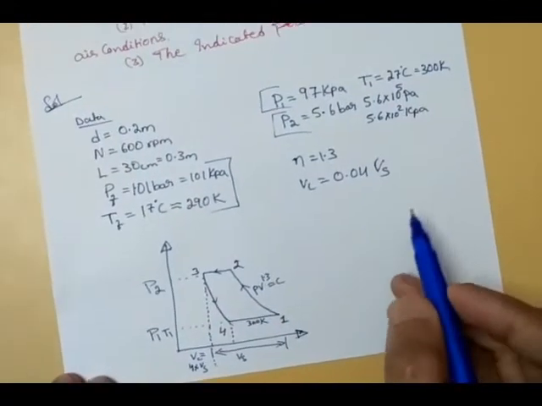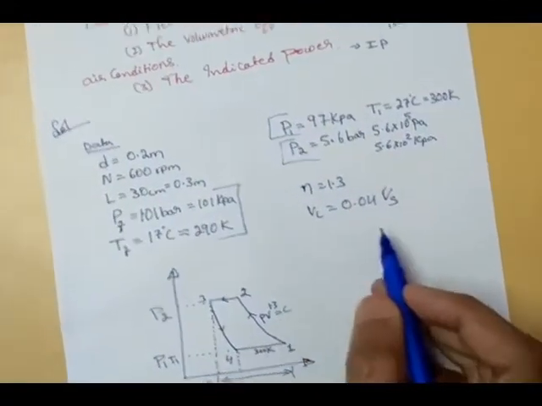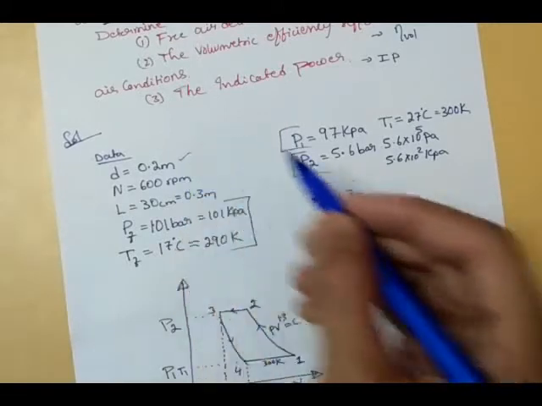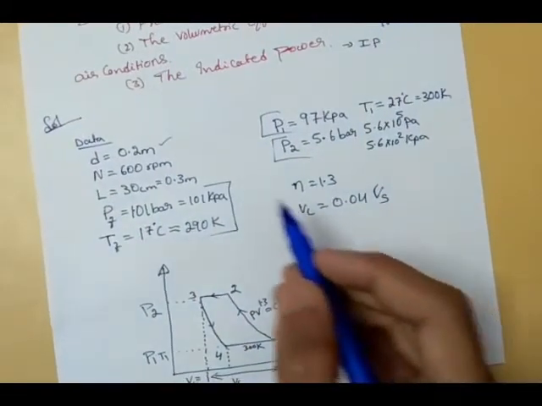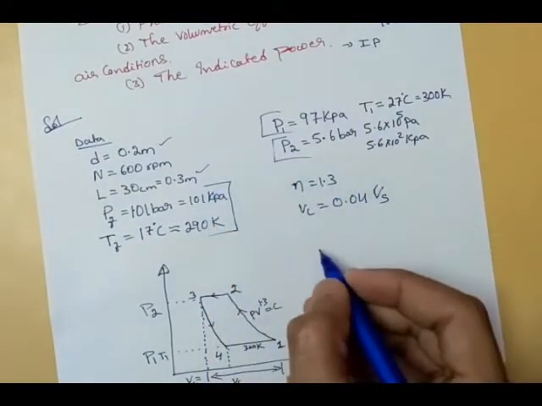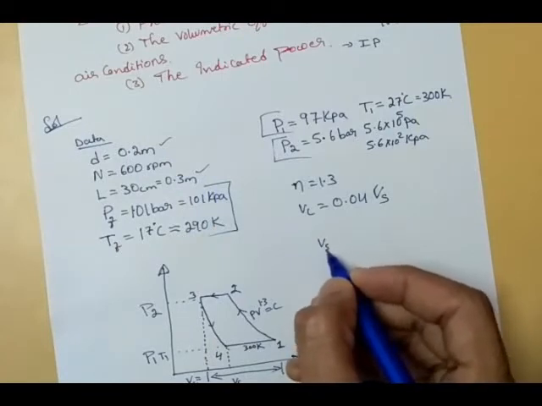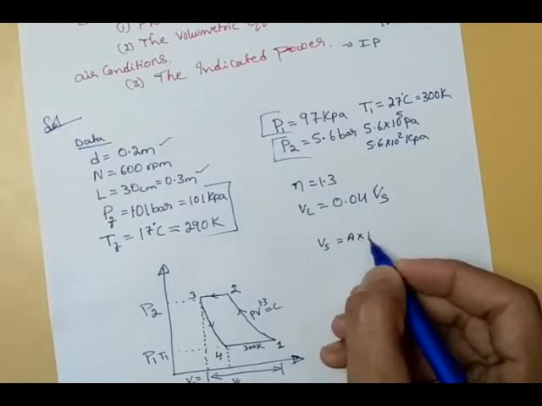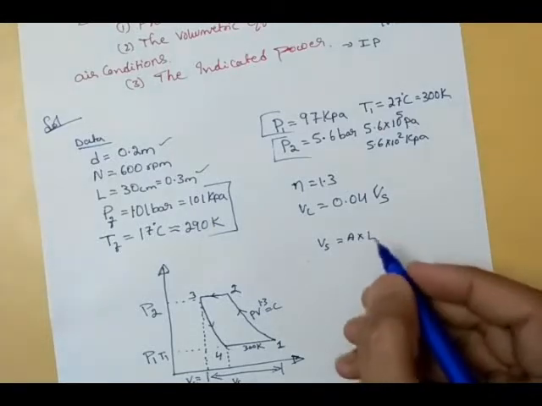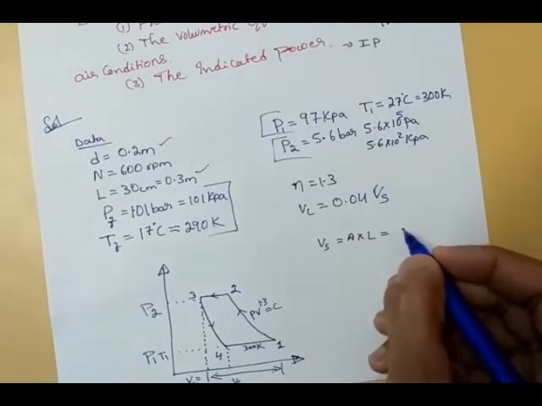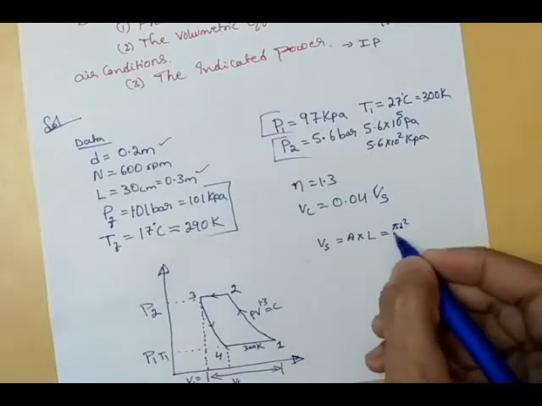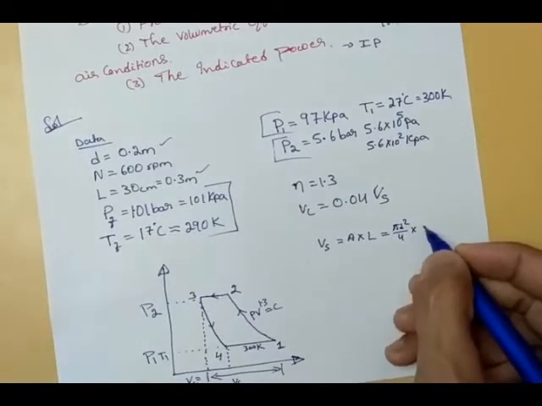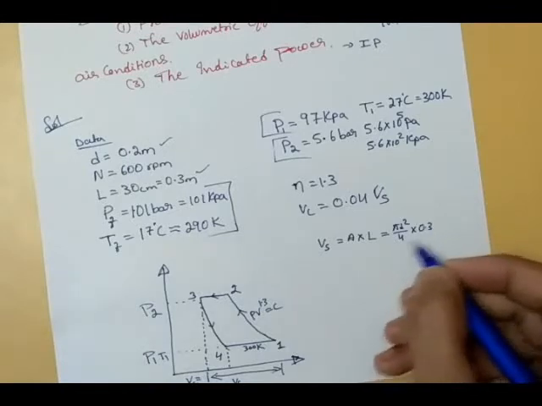So very first, the diameter is available, and stroke length is also given, so we can get Vs, which is equal to area of the cylinder into length of the cylinder. So that is pi d square by 4 into the length, 0.3 meters.